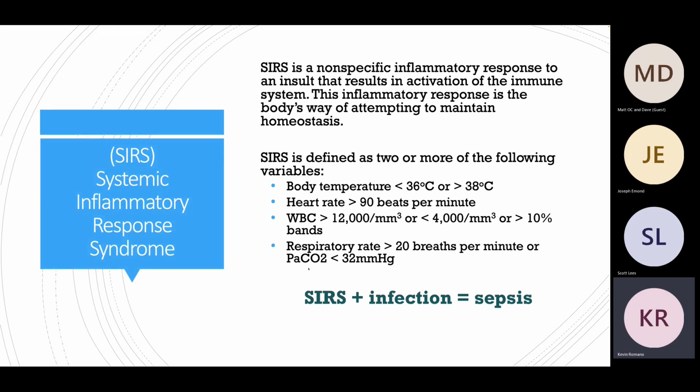So where do you think your immunocompromised patients sit for a white blood cell count? You think they'll be high or low? Patients receiving chemo. Low? Low, yeah, exactly.